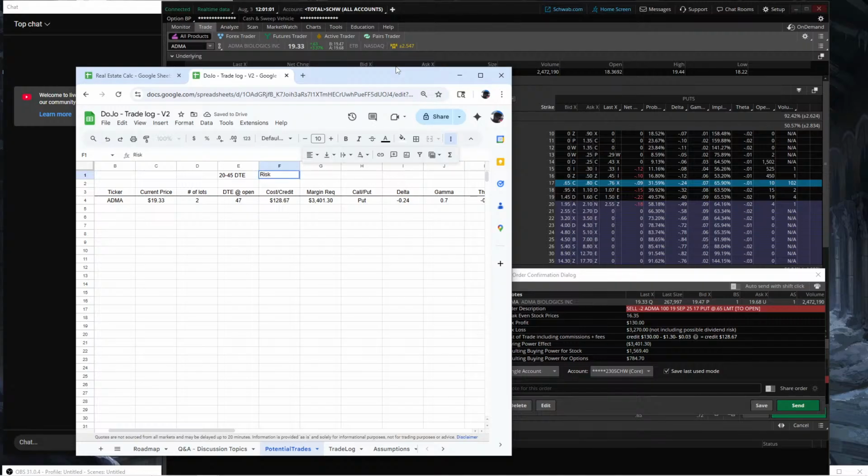I want my risk reward ratio. Let's merge these two cells. Let's merge those two cells. Straighten this up. I want the risk reward ratio to be, let's do this so it doesn't give me a formula, equal to or greater than 1%.